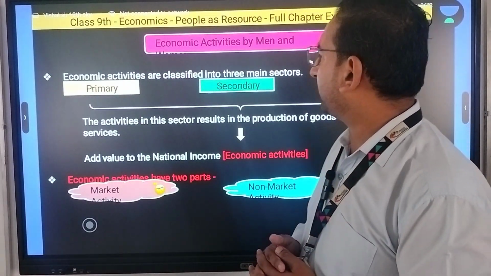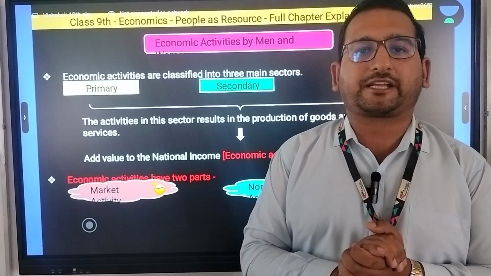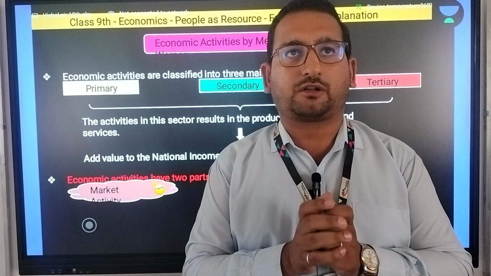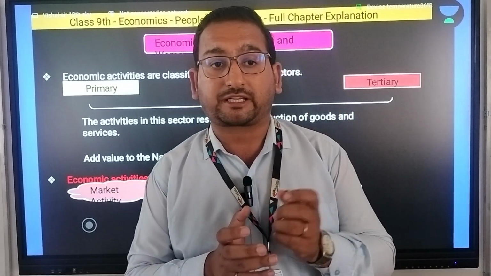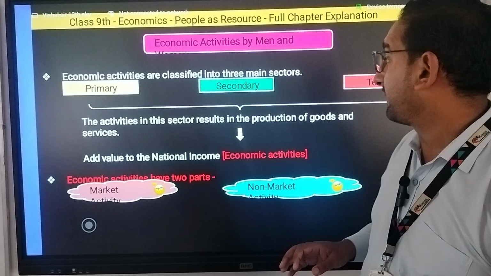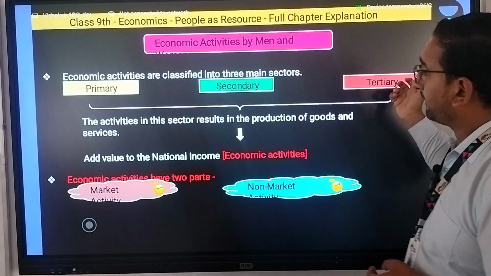Next is economic activity. What do we mean by economic activity? Economic activities are those through which we can earn our livelihood. All those activities are economic activities. Economic activities are of three types: primary, secondary and tertiary.